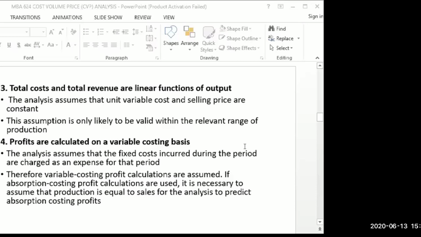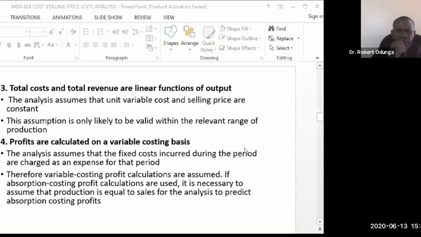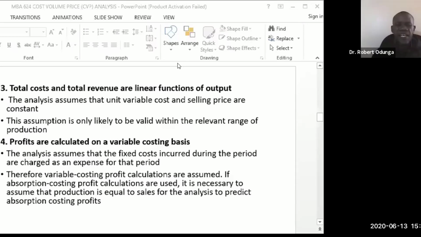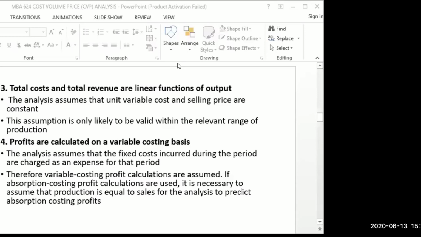Because sometimes the unit cost and the unit selling price will vary. It's beyond our control. Even within a short time, like within a year, there are so many variables that force us to change the unit cost and the unit selling price.